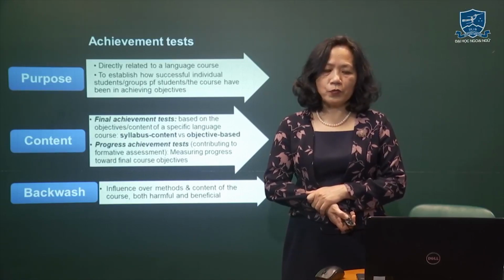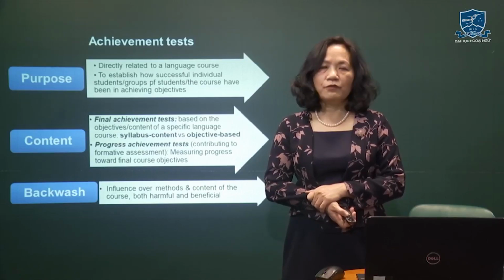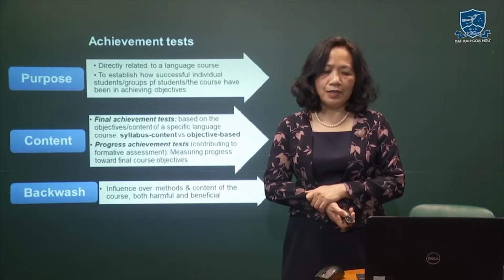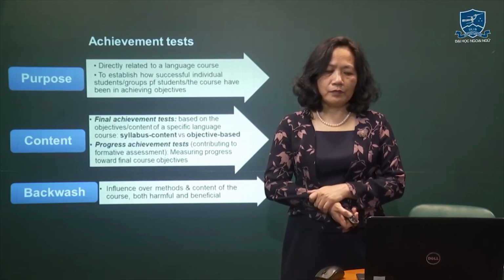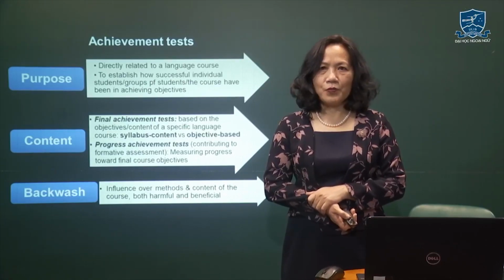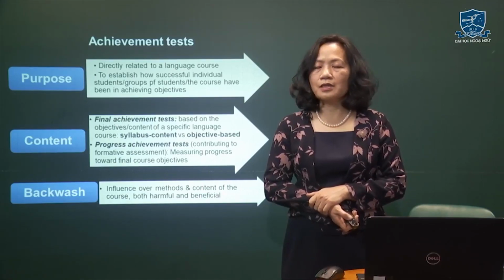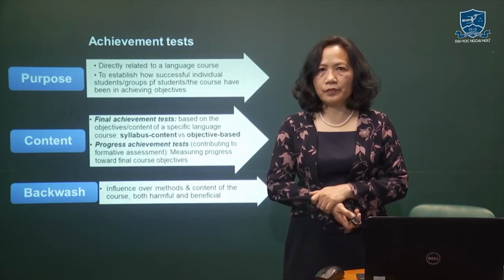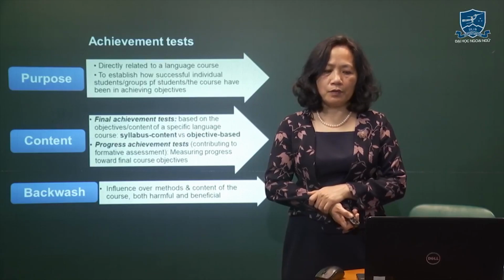For achievement tests, we have two types: the final achievement test and the progress achievement tests. The final achievement test, of course, we use at the end of the course to measure the achievement of the whole course, the results of learning and teaching of the whole course.